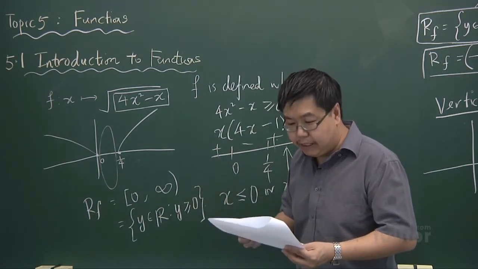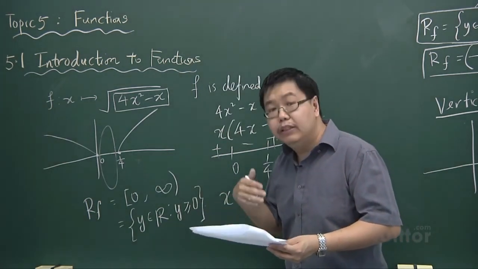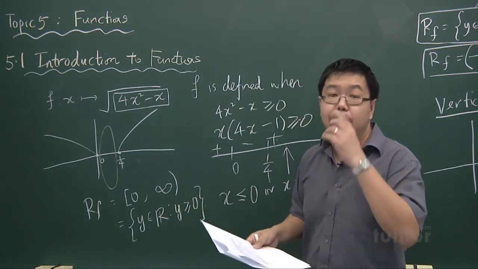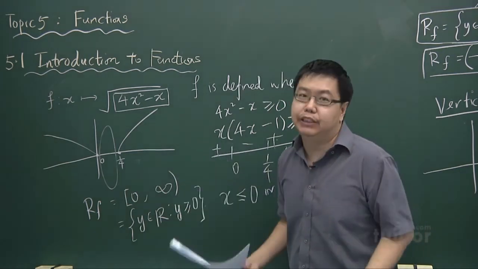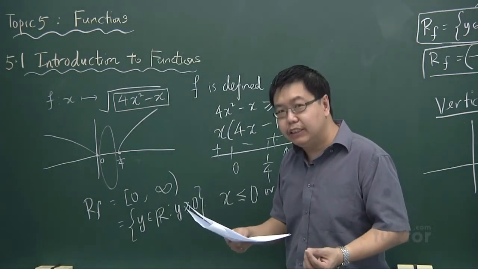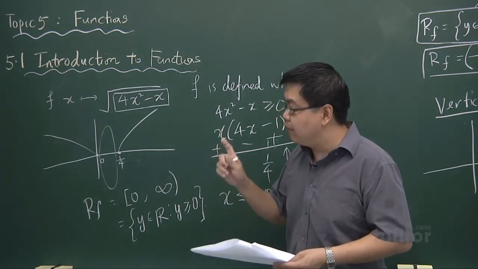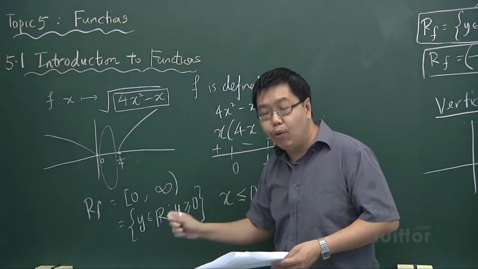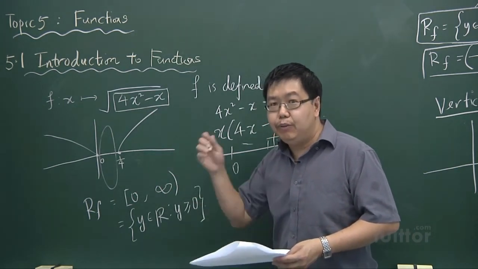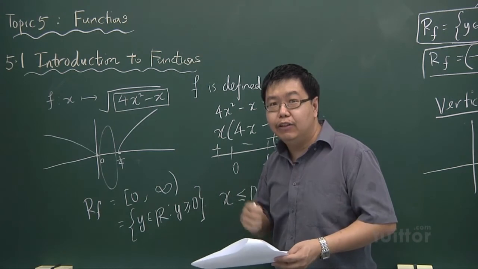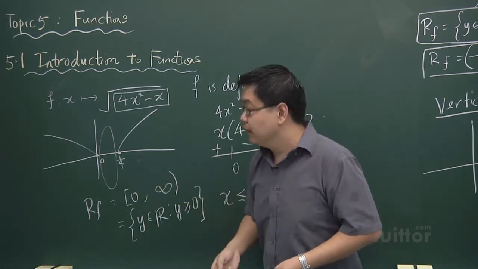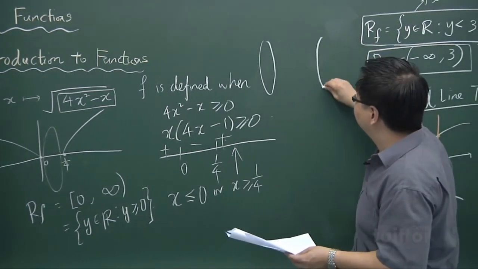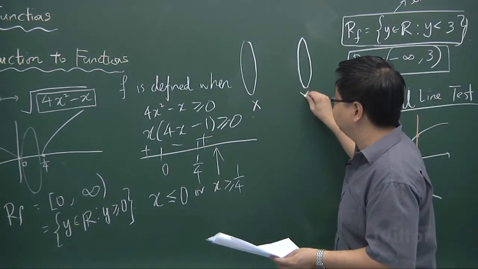Now, the last part of my handout, I'll be running through what is meant by a one-to-one function. Clearly, from the name itself, it is actually a function to start with. But a one-to-one function means that every x value goes to one and only one y value, and we cannot allow another x value to go to the same y value. In the beginning of my lesson, I gave you two sets, x to y.